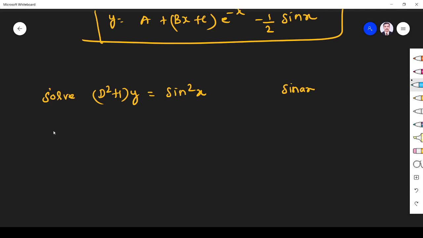So first we find CF. In order to find CF, we have to find the auxiliary equation: replace D by m, and the right hand side should be equal to 0. This implies m is equal to plus or minus i.